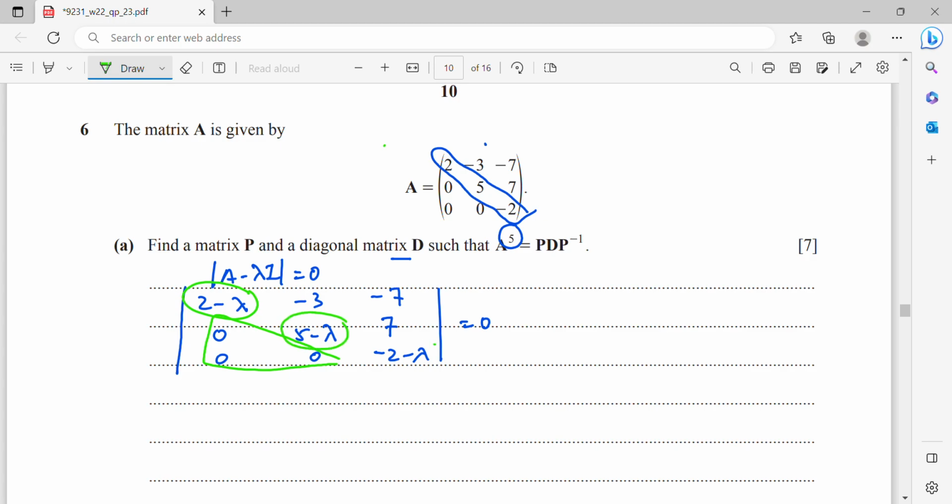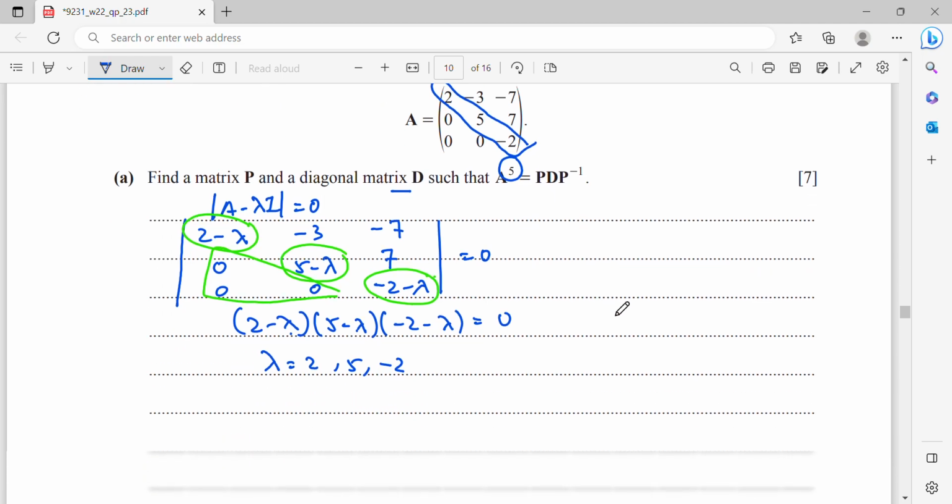You just take these 3 diagonal elements. So I will get 2 minus lambda, 5 minus lambda, negative 2 minus lambda, equals to 0. Therefore my lambda is 2 for the first, the second is 5, and the third will be minus 2. So we have found the lambda values.